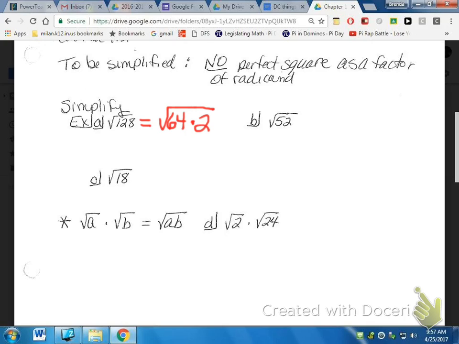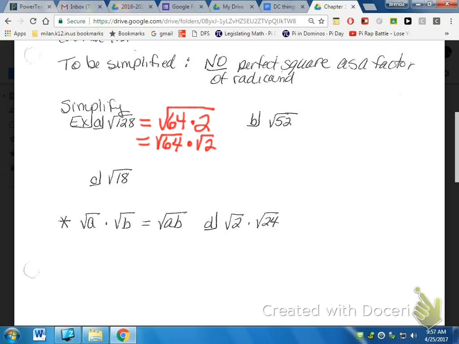You're better off if you can find the largest perfect square that's a factor of the radicand. If you don't, then just look and see what's left and see if there's any more factors in there. The square root of 64 times 2 splits apart: square root of 64 times the square root of 2.